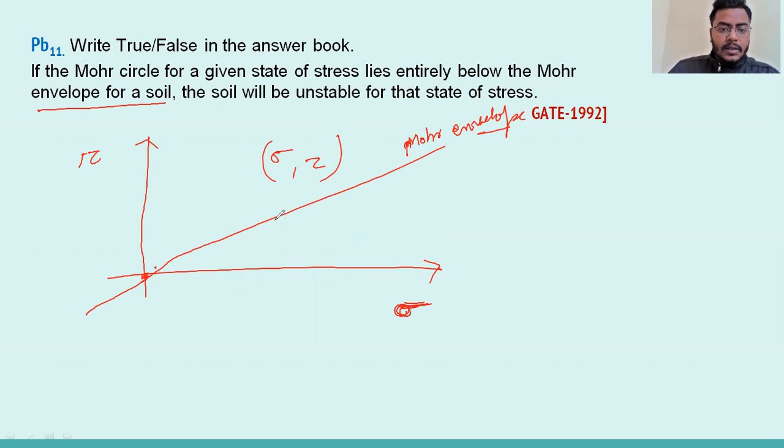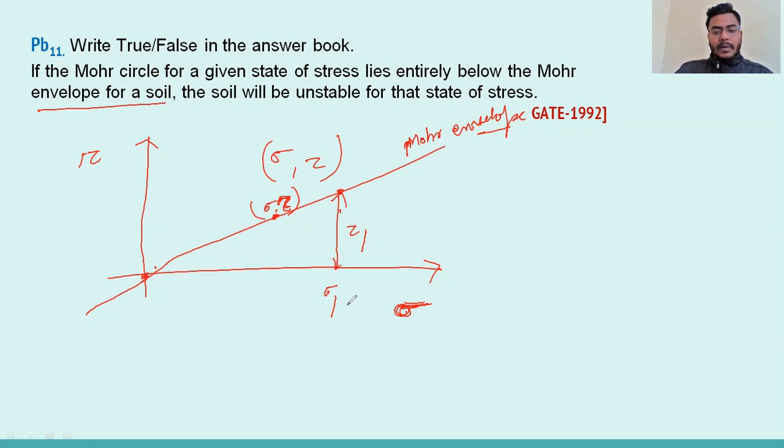What is the meaning of this? Suppose at this point there is some normal stress and there is a shear. If you perform the test and apply this normal stress, the soil will fail at this shear stress τ. Suppose you apply some different normal stress, like σ1, and this is the shear stress τ1.